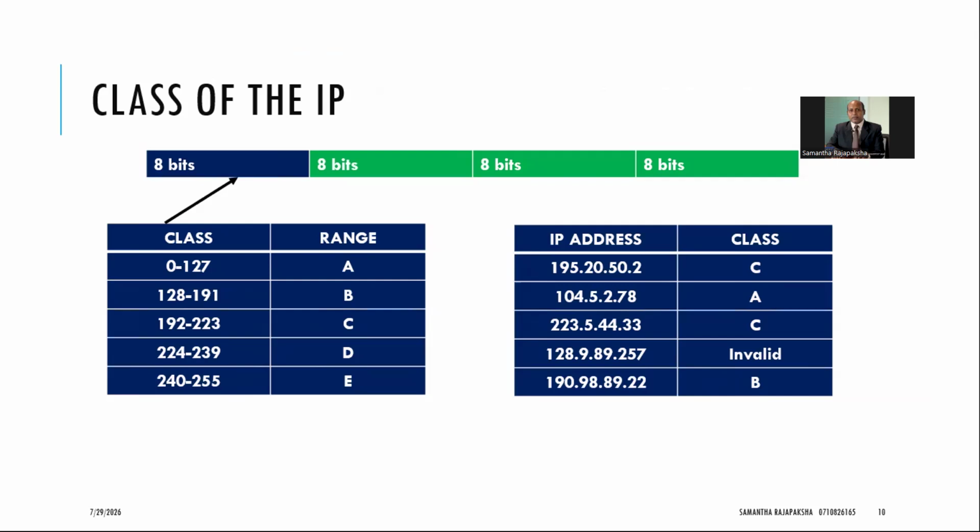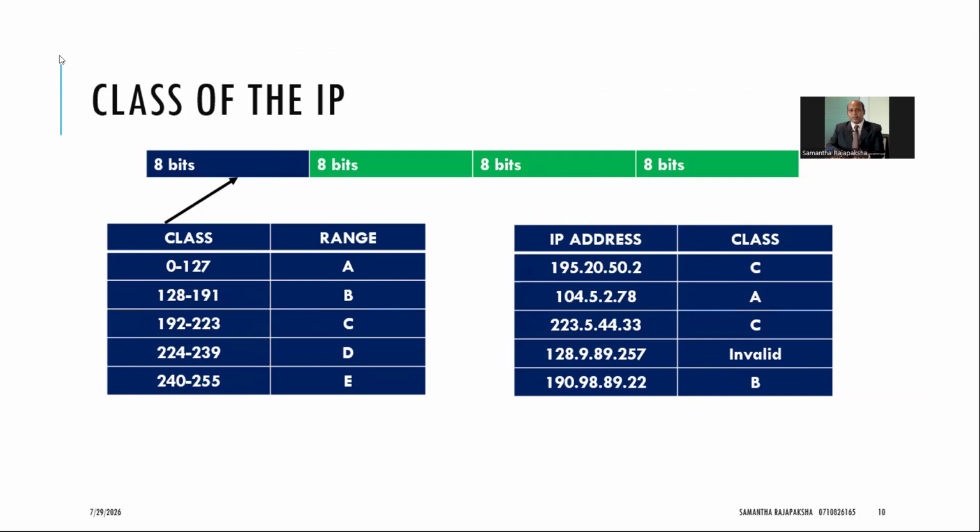If that number is between 0 to 127, that is class A. If it is between 128 to 191, it's class B. If it is between 192 to 223, it's class C. If it is between 224 to 239, it's class D. And 240 to 255, class E. That's the way you can identify the class.